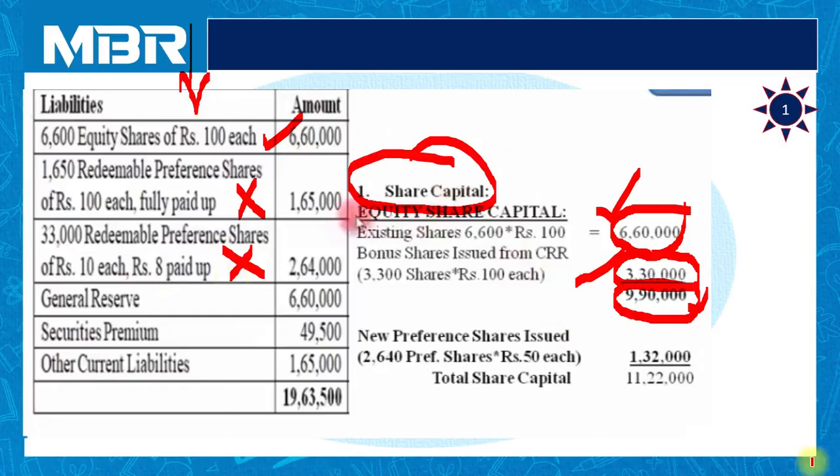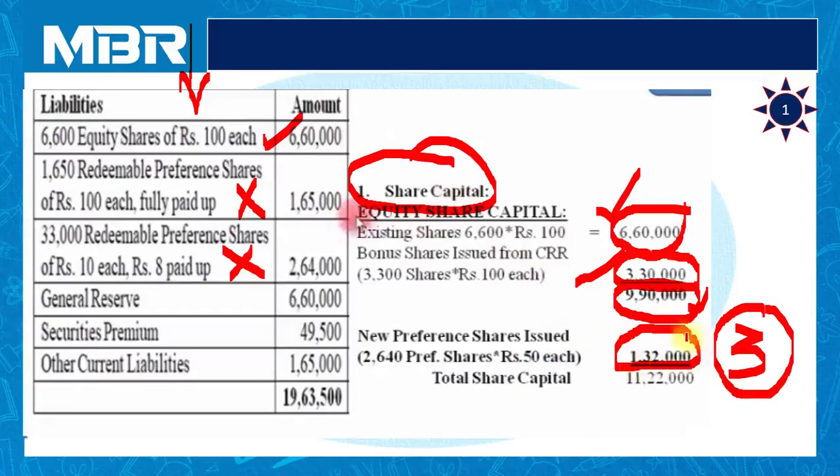But if you recall step number 3, at the time of preparation of the step number 3, we have issued new preference shares of rupees 50 each. So at that time we have passed the journal entry for this transaction, bank account debited to preference share capital account. So we have issued new preference shares of rupees 1,32,000.